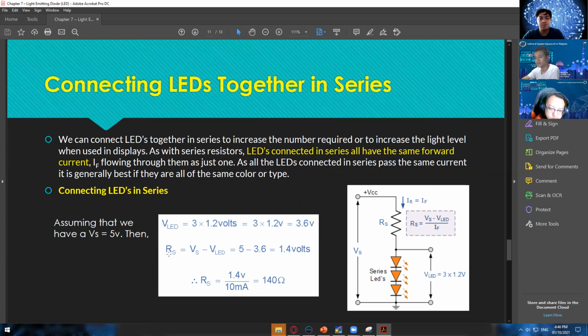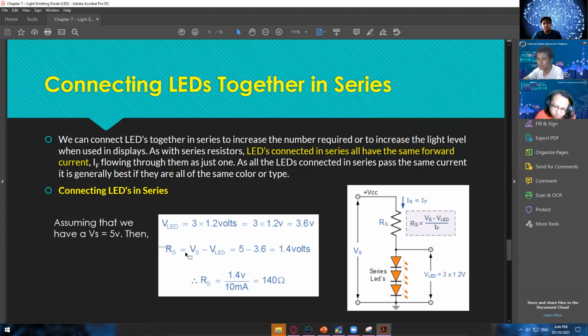Okay, and then solving for the RS, we have this Vs minus VLED. So it's like KVL, or wait, let me just check. RS is equal to Vs minus VLED. Yeah, it's KVL.